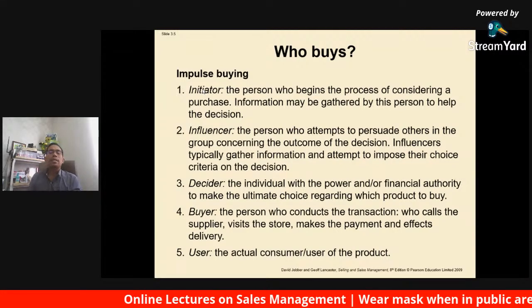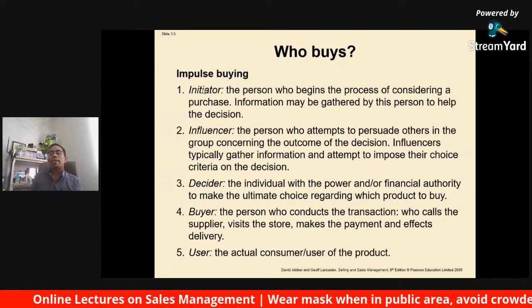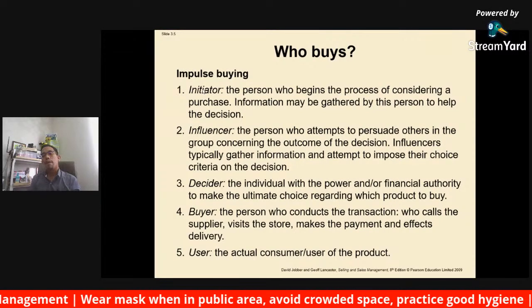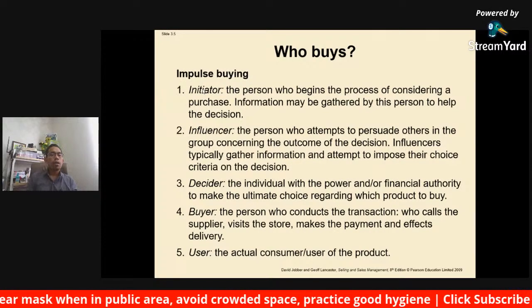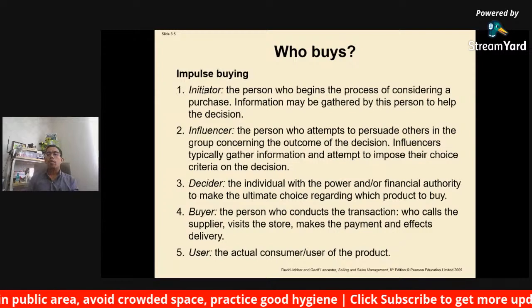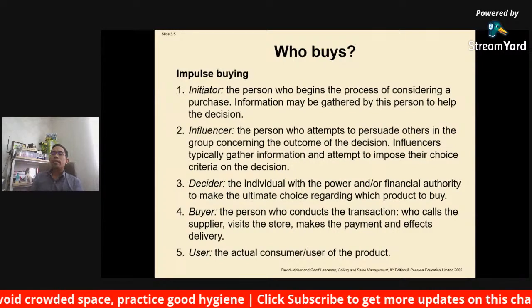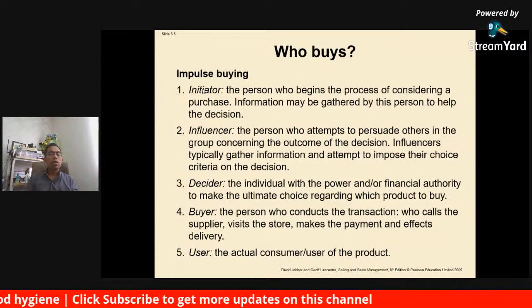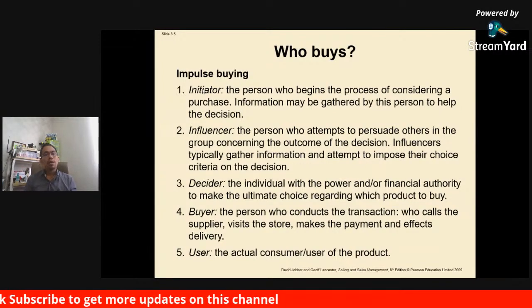So who buys? We have the initiator, the influencer, the decider, the buyer, and the user. The first, the initiator, is the one who begins the process of considering the purchase. Who asks for it?